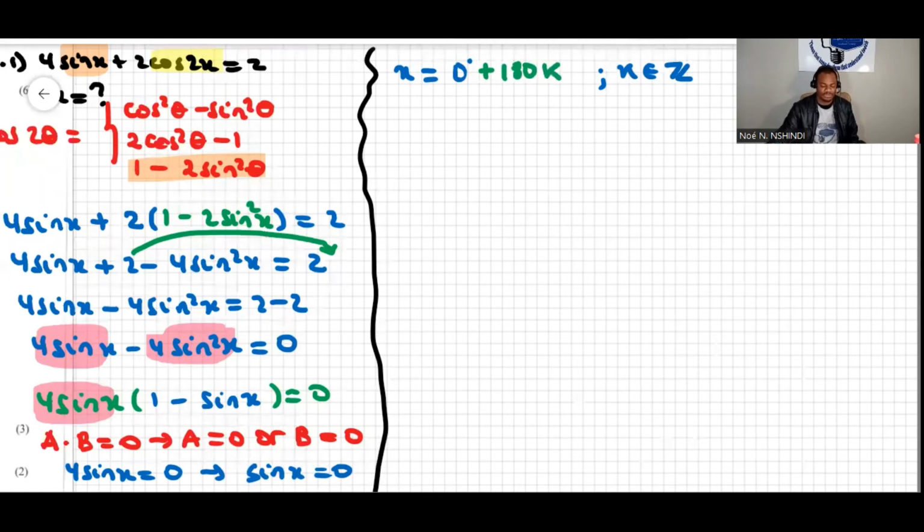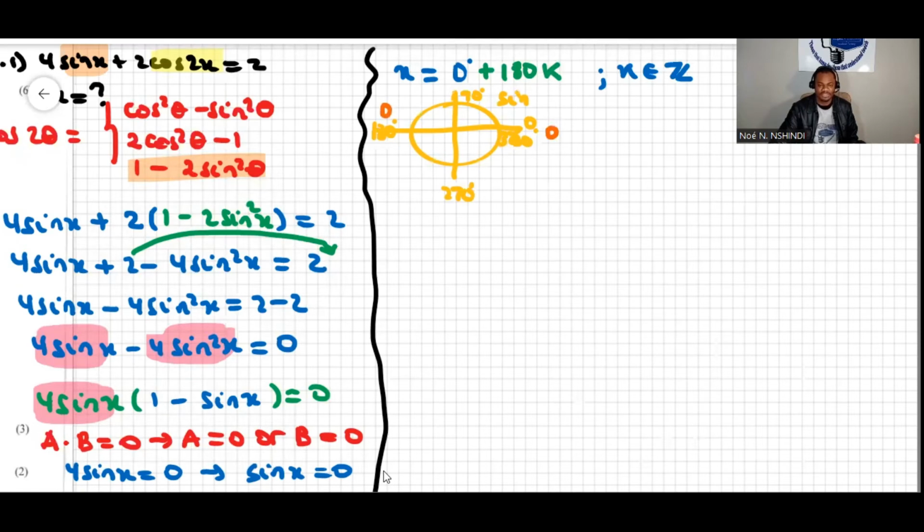Because if you look at the trig for sine, for instance, let's do it over here: 0, 90, 180, 270, and 360 degrees here again. Sine of 0 degrees is 0, sine of 360 degrees is 0, and sine of 180 degrees is also 0.